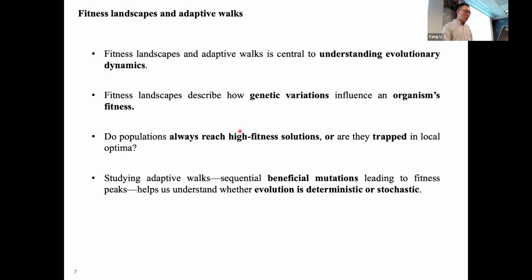By studying the adaptive walk, the beneficial mutations will lead to the fitness peak. So we could understand whether evolution is deterministic or just stochastic, just random.